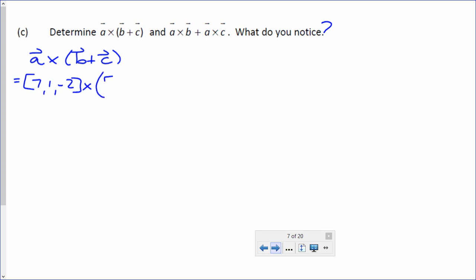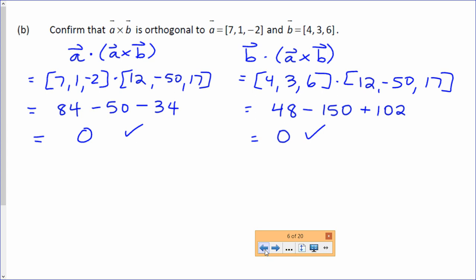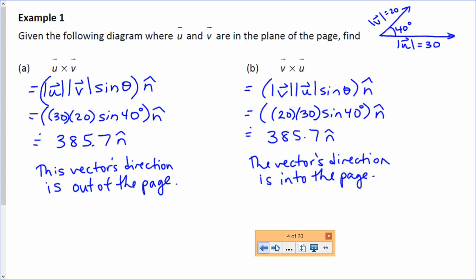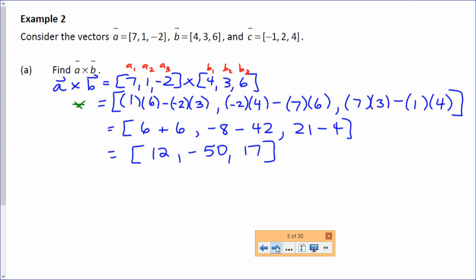And in brackets, we're going to add vectors B and C. Vector B was 4, 3, 6, and vector C was negative 1, 2, 4.